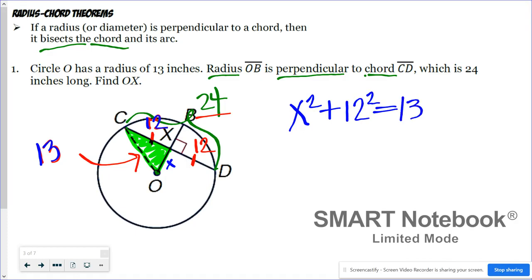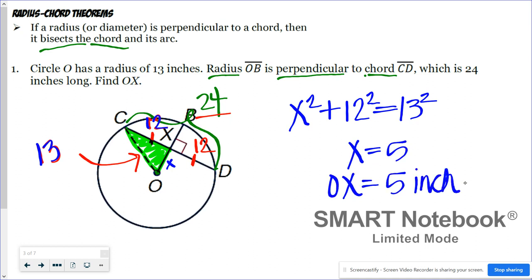I can do the math, and that math tells me that X is equal to 5. So OX is 5 inches. That's something we find ourselves using quite a bit with these types of problems, an old favorite, the Pythagorean theorem.